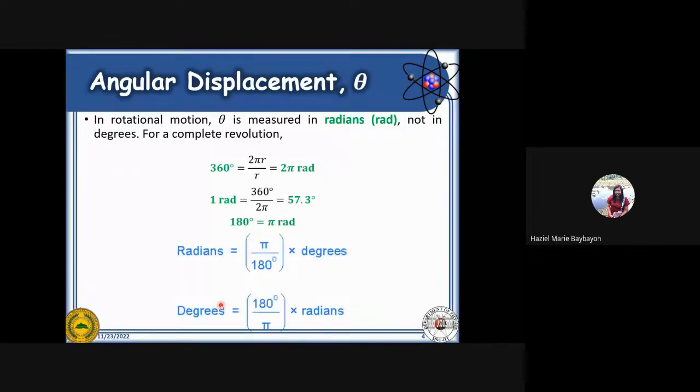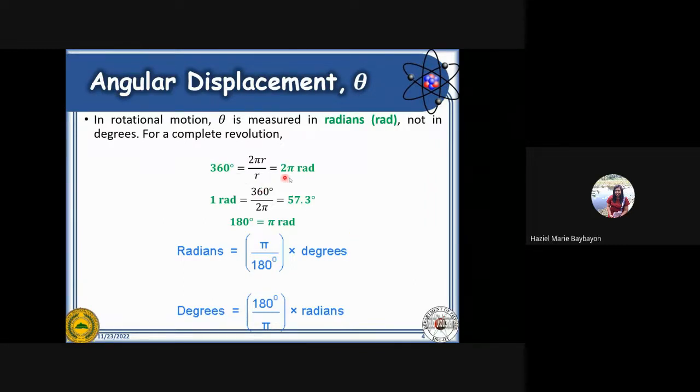Now, theta, the angular displacement, is usually measured in radians. So, for example, if mahuman niya ang tibuok circle or mubalik siya sa iyang original position, ang iyang natuyok ato class is 360 degrees. Okay? The whole circle. Now, that is equivalent to 2 pi radians.